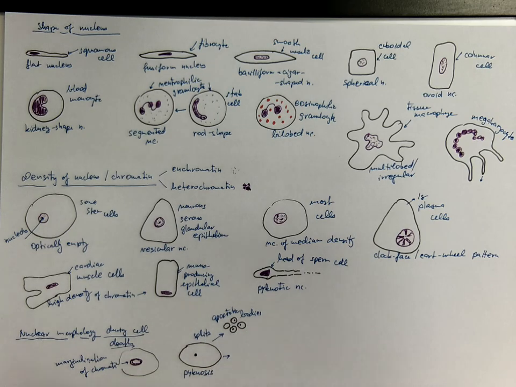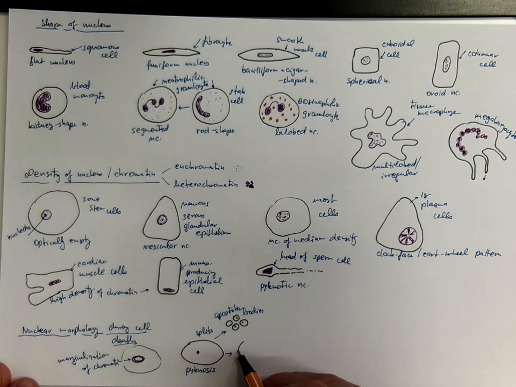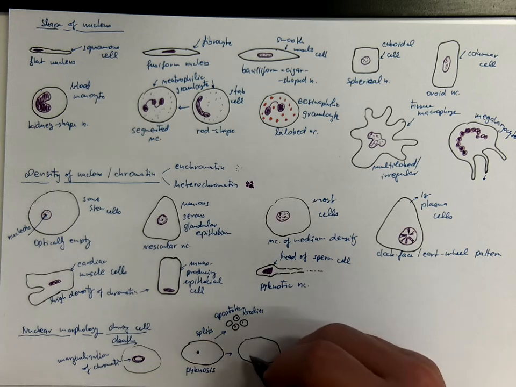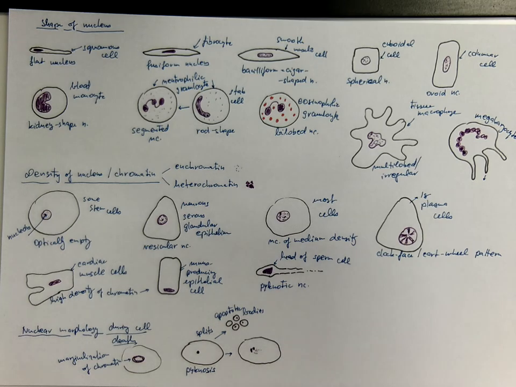Or there could be destructive fragmentation of the nuclear content. So you can see some rough fragments and very fine dust from the chromatin.